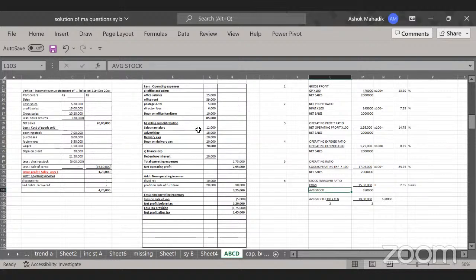Okay, so COGS value is 15,30,000 plus total operating expenses 1,75,000. अच्छा, अपना नेट ऑपरेटिंग प्रॉफिट 295 था और ऑपरेटिंग एक्सपेंसेस 175 था. अपना नेट सेल्स इनटू 100.